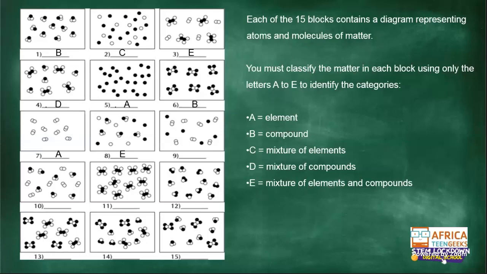It is E. Well done. You guys are getting it, hey? So it is a mixture of elements and compounds. The small transparent circle here and the black circle here are elements, and then the ones that are 3 are compounds.